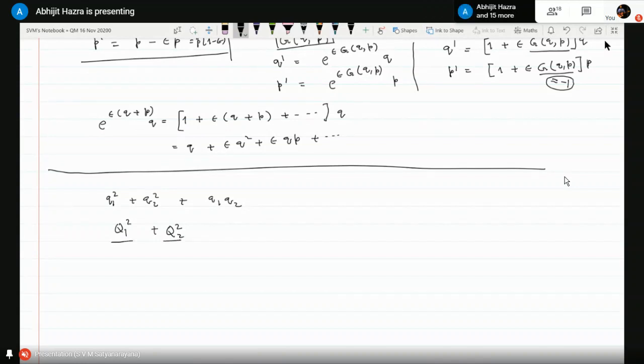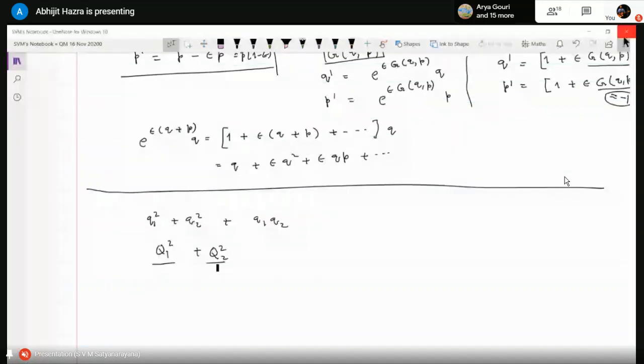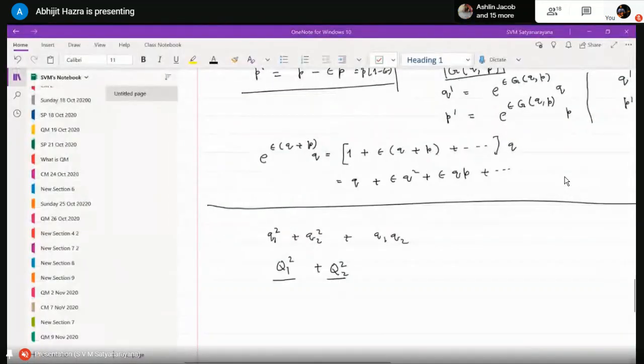Because q1 and q2 are related to these q1 and q2, that kind of transformation I can make. For example, in this case, q1 square plus q2 square.